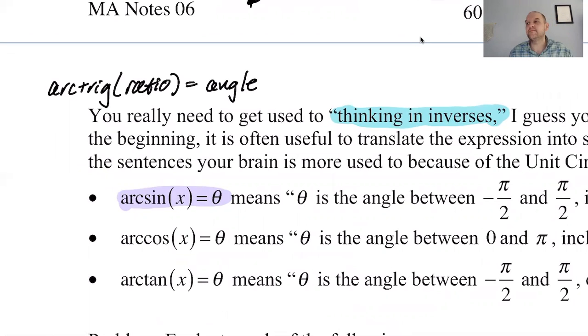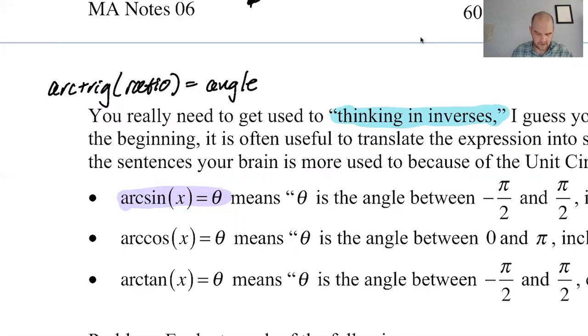So if I say the inverse sine of 4/7, that's an angle. I don't know what angle that is. I know it's in the first quadrant because it's the inverse sine of a positive. I don't know what angle it is, but I know it's an angle.